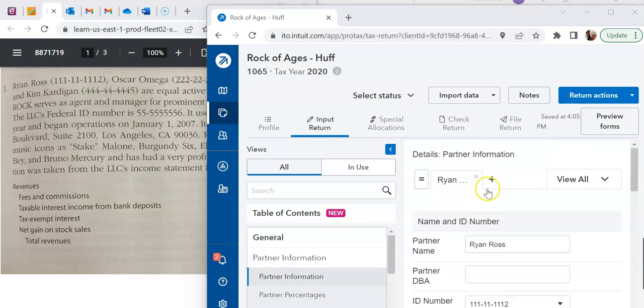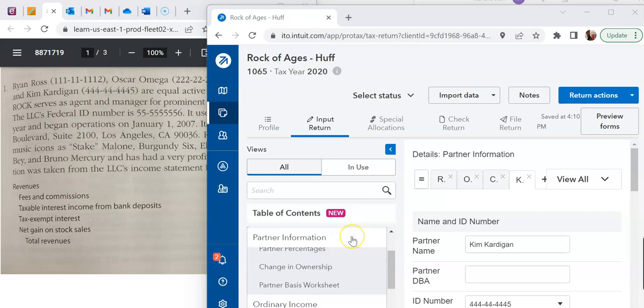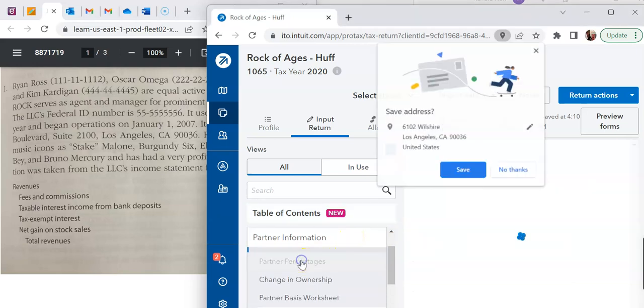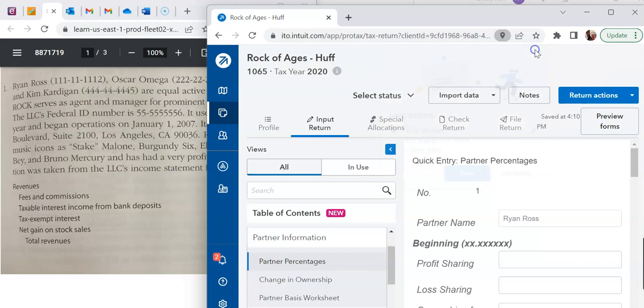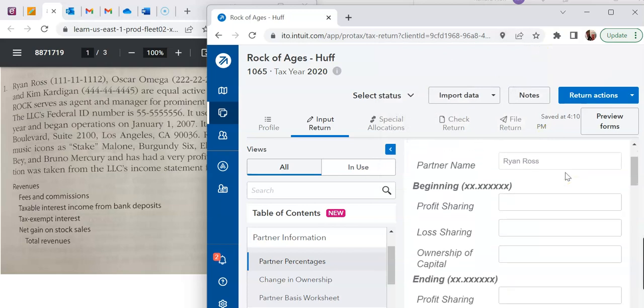All right. I'm going to keep adding the partners in, but I'm not going to record it. So, okay, I have everybody in. And then right here it has these partner percentages. I don't want to save any of that. So he's 50% on everything. I'm sorry, not 50, 25.